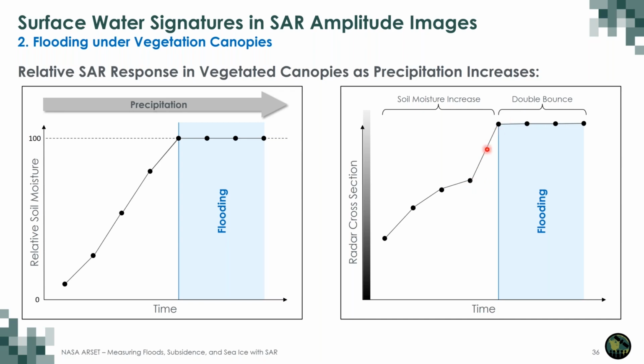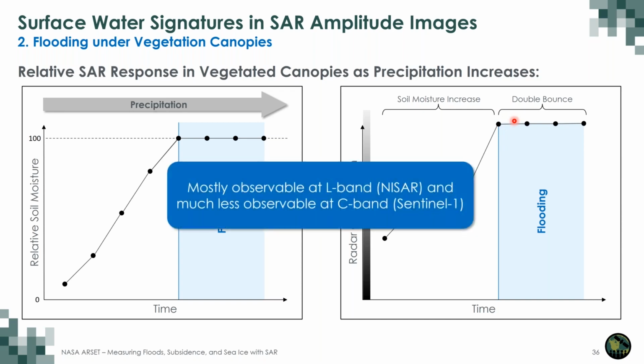So there's a difference between open land. In open land, the scattering went down to 0. In flooding under vegetation, the scattering jumps up to very bright double bounce scattering in inundated vegetation. This inundated vegetation, again, as a reminder, is mostly observable at L-band, such as missions like NISAR, much more so than in currently available C-band datasets from Sentinel-1.